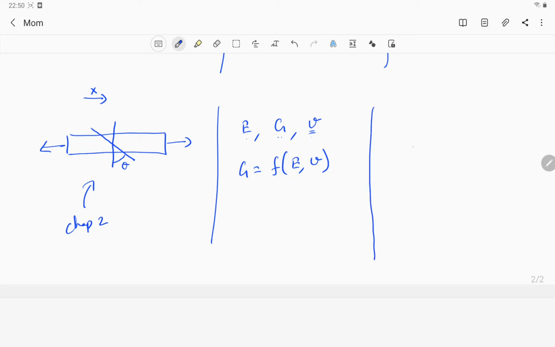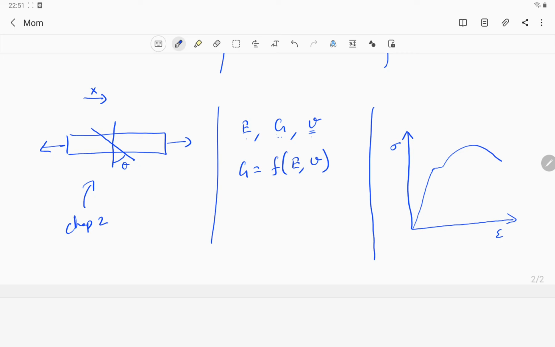And finally, we have learned the stress strain curve. This is epsilon and this is sigma, and it will go like this, then there will be the yielding condition, and then it will go like this.